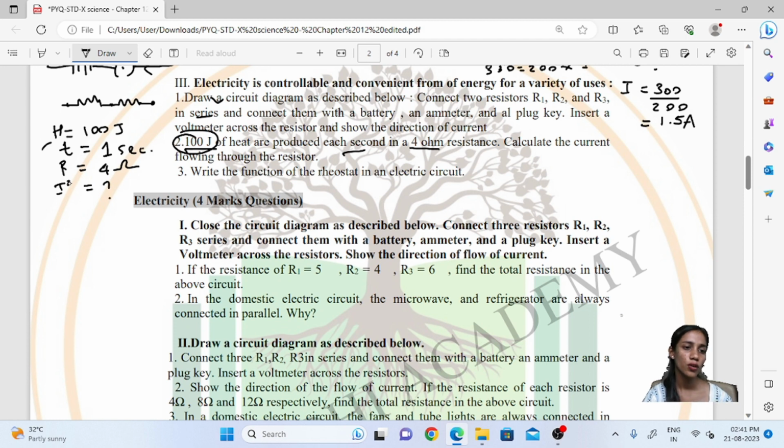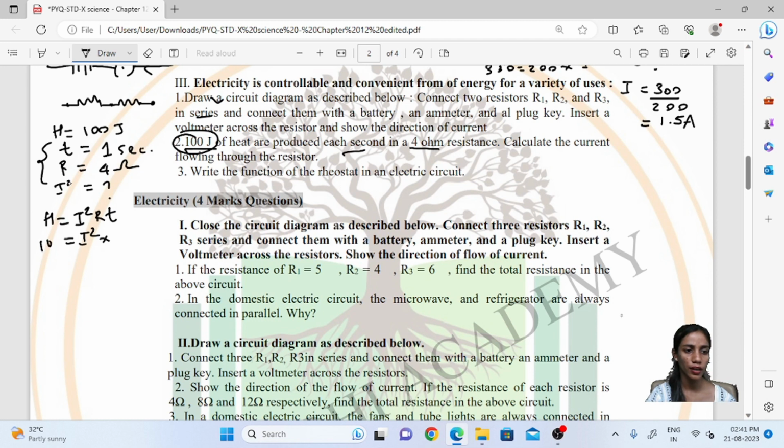Looking at all this, which formula do we apply over here? We have to apply the formula of Joule's law of heating, which is H equals I square RT. I square is the quantity which we need to find out. So I'm writing as it is.